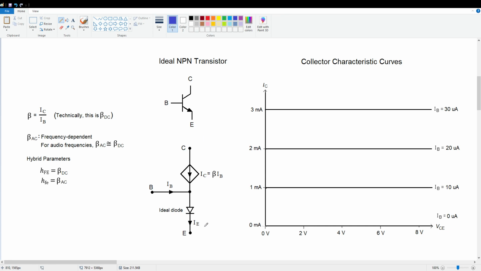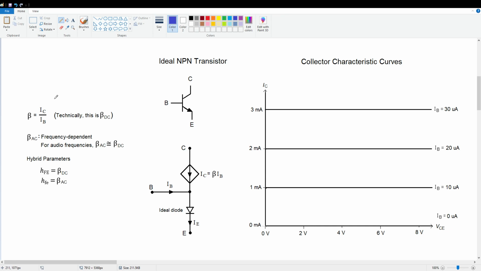And another thing that isn't apparent yet is that this is a perfectly linear model, so the spacing between these curves is perfectly uniform as well for equal steps in base current. That's a good enough approximation for a lot of applications, but we might want to get a little bit more accurate than that, and we're going to take a look at that in a second.